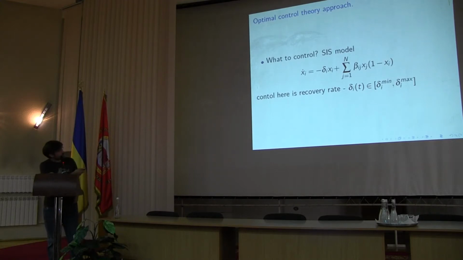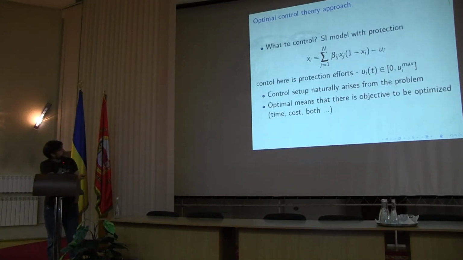And here it's a non-linear system. And if you have an SI model, maybe we have a protection effort to protect some nodes from further infection, and here this is a different system.